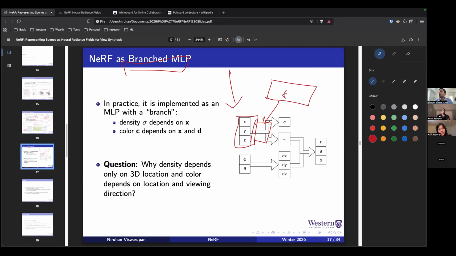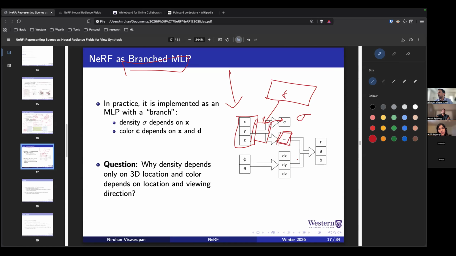After passing this 3D point through the 8-layer MLP, it gives out sigma, the density for this particular point, and also a latent space vector. This vector doesn't have any semantic meaning, it's just an output vector.